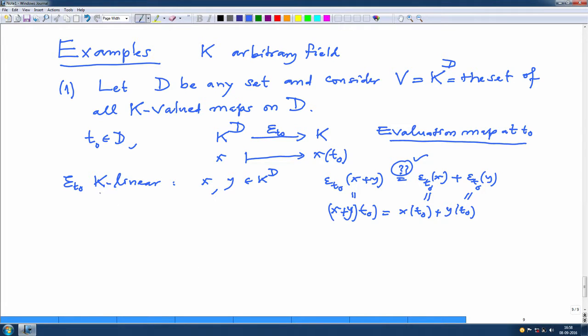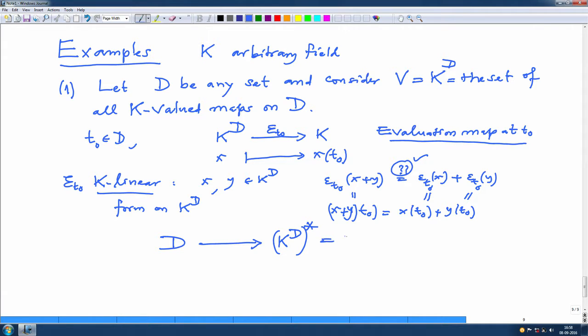So we have checked that this is K linear, and because the values are in K, it's actually a K linear form on K power D. So there are many K linear forms in this case. When you vary t naught in D, at each t naught you will get a linear form. So actually you have a map from D to the K linear forms on K power D, that is, if you remember our notation, K power D star.